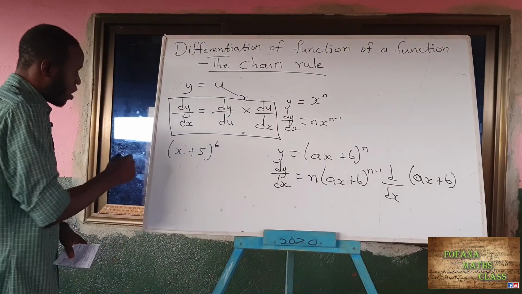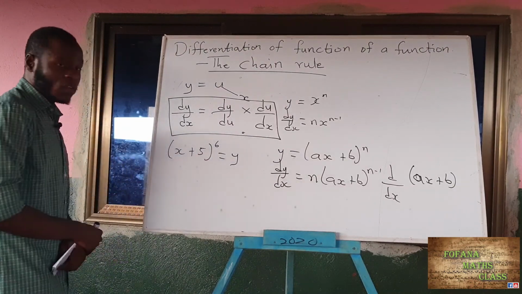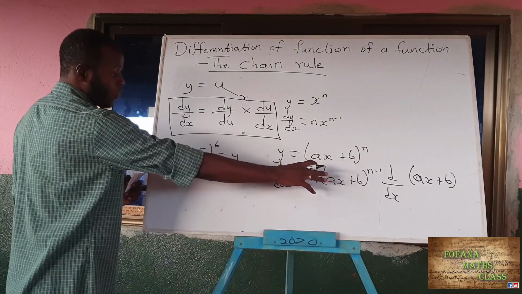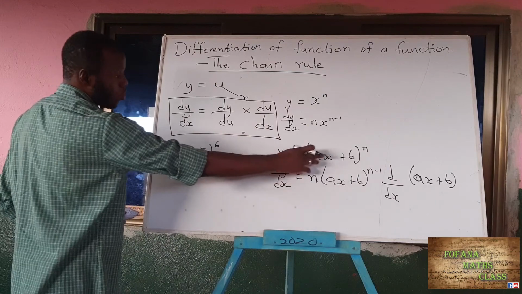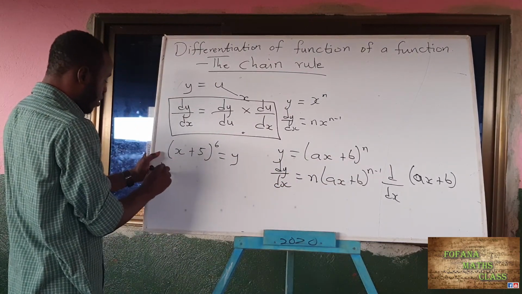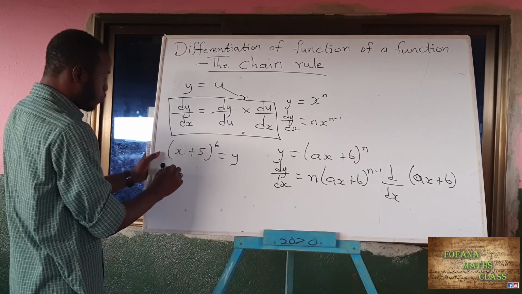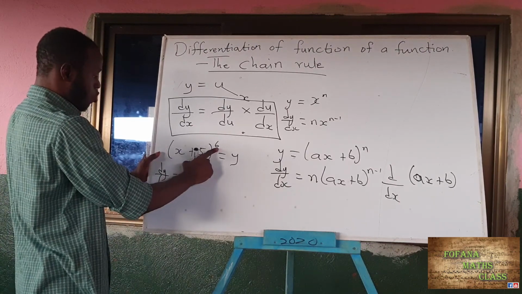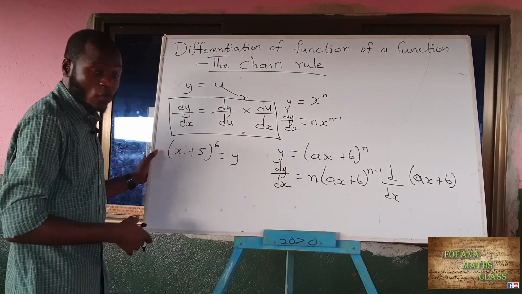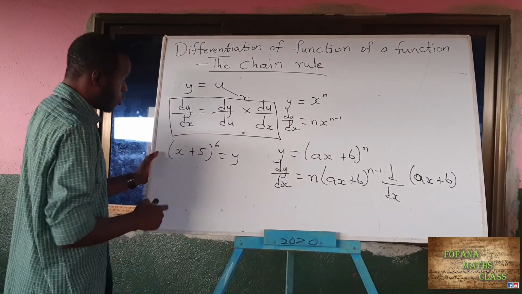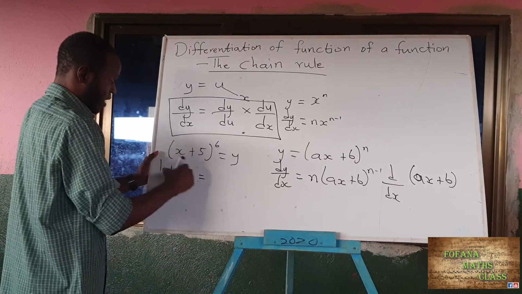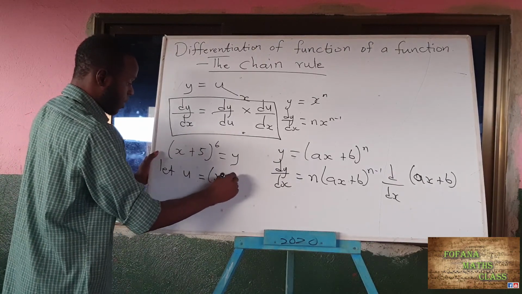Let's see how we differentiate the example I gave on the board before we look at more examples. Using this approach, first you let u be equal to the bracket, which is x plus 5.